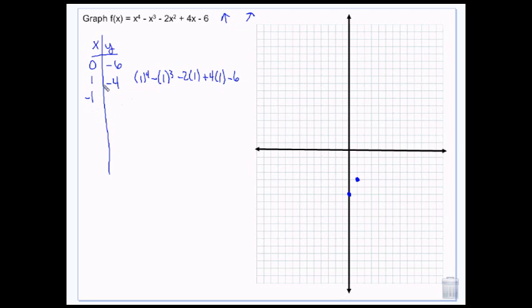So I'm going to do a negative 1 over here and see what happens. So this is positive 1 plus 1, that's 2. Plus 2 is 4. Minus 4 is 0. Minus 6, so negative 6. So here's going to be a curve right there.